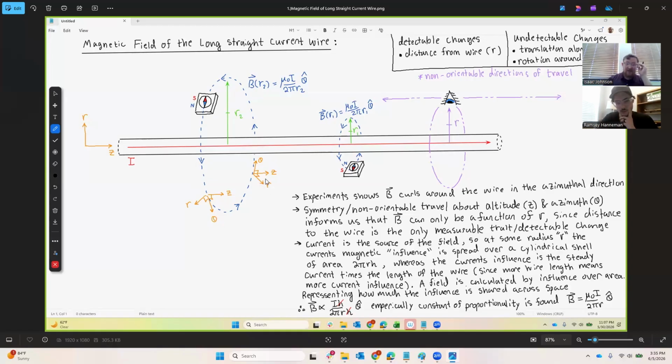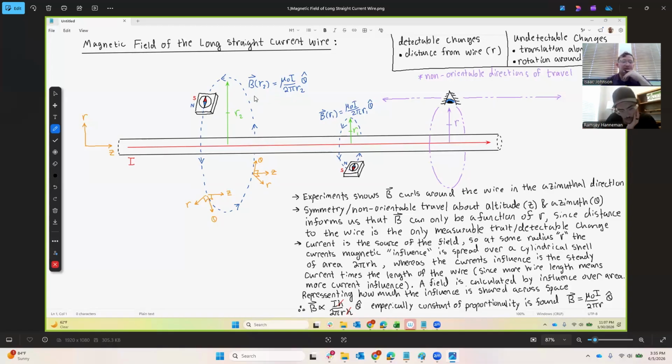And in the case of the long straight wire, a good coordinate system would be cylindrical coordinates about the wire. So the magnetic field then always points in the theta hat direction and also happens to fall off in strength.